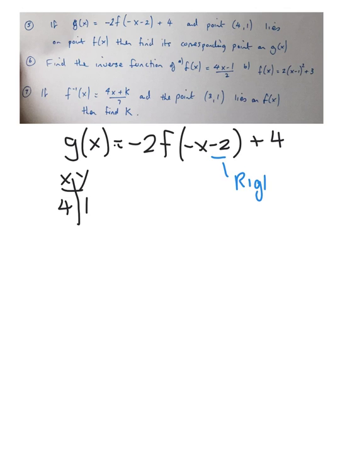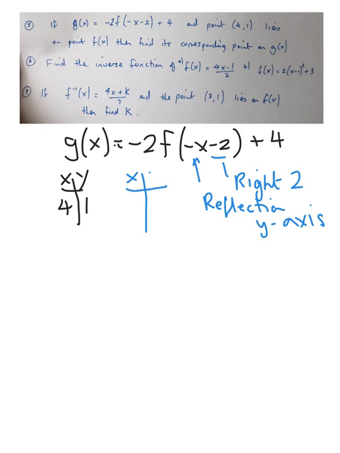So that's going to go the x value right 2, and then a reflection in the y-axis. So all that means is we're going to shift the x value 2 to the right, and then multiply or divide by -1, whichever you want to do. So 2 to the right for x equals 4 will give you 6, and then multiply by -1 will give you -6.